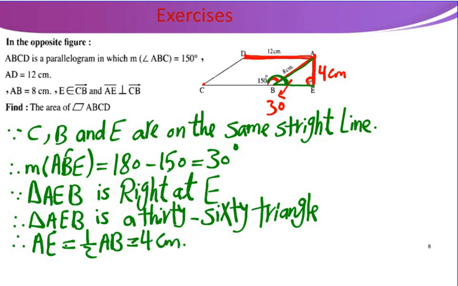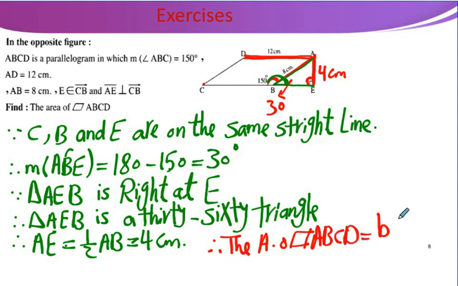Then the area of parallelogram ABCD equals base multiply height. The base here is AD, it's 12, multiply height, which is 4, so it's 48 centimeters square.